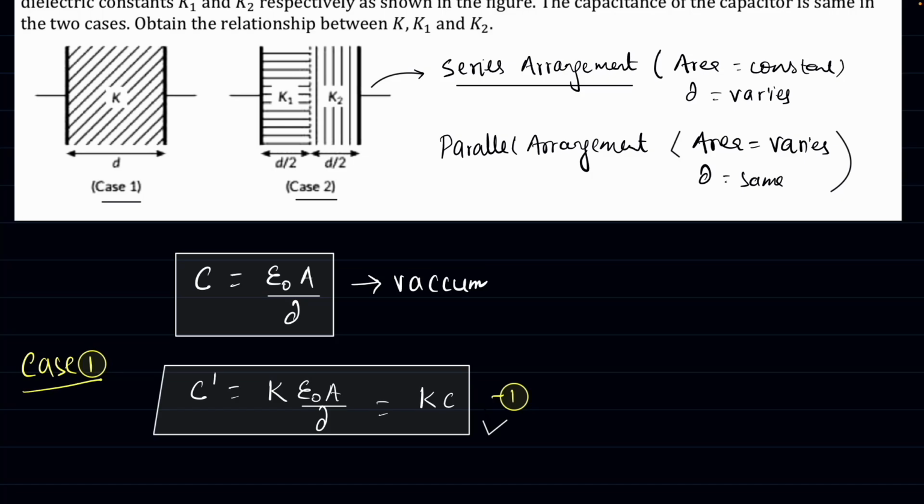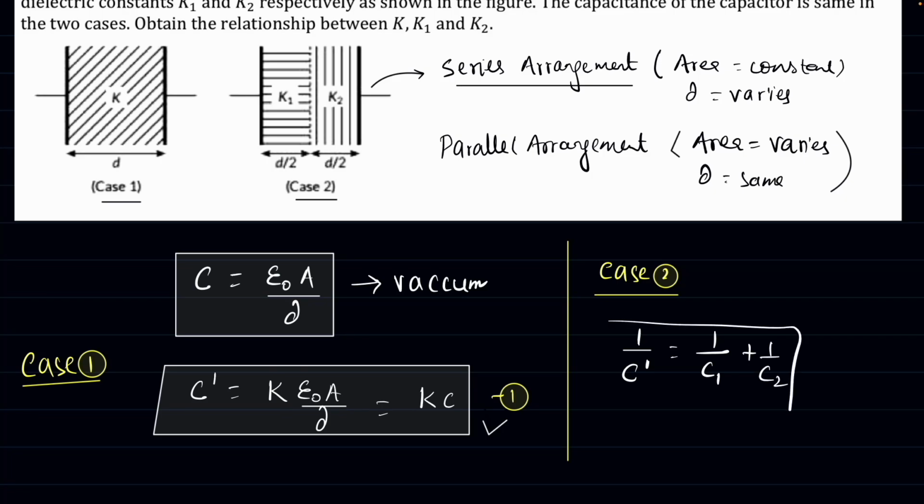Similarly, for case 2, it's a series arrangement and the total capacitance of the series arrangement is 1 by C dash equal to 1 by C1 plus 1 by C2. We are using two capacitances, one for this part and one for this other part.